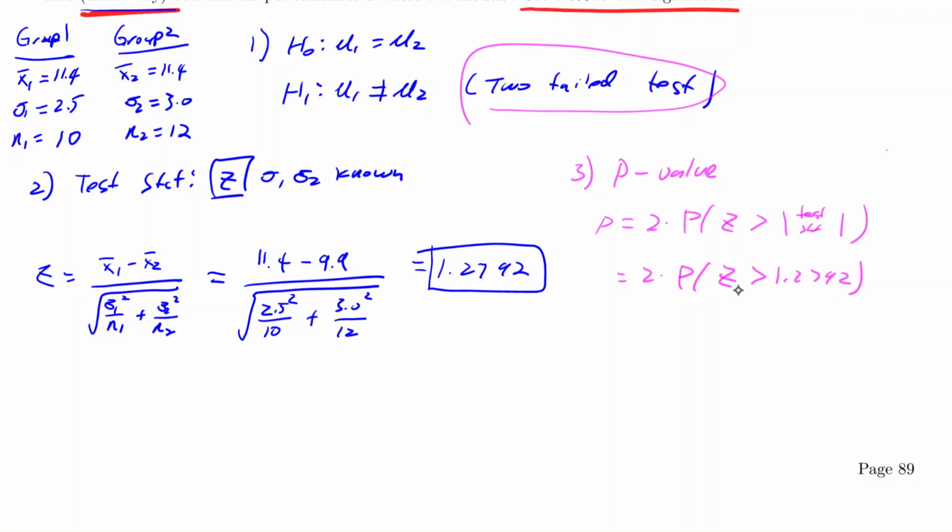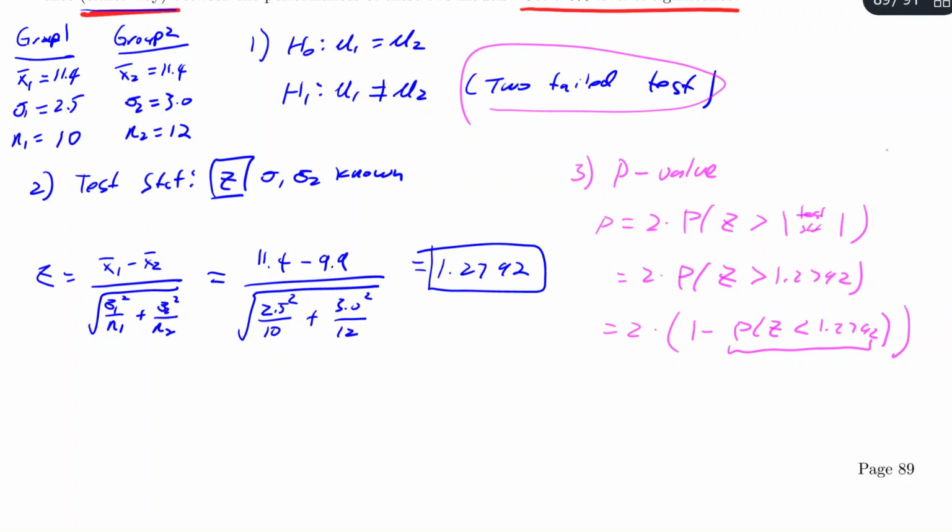We can't find greater than directly, so we do 2 times 1 minus probability of z less than 1.2792. Oh, let me put one more parenthesis here. So we find this from the table, do 1 minus and multiply by 2.